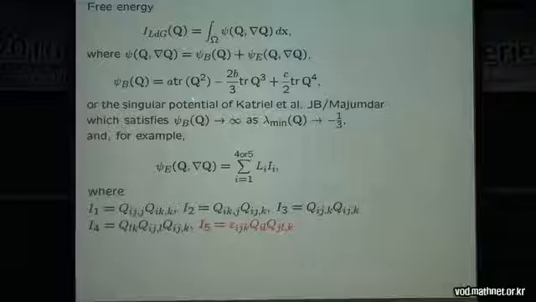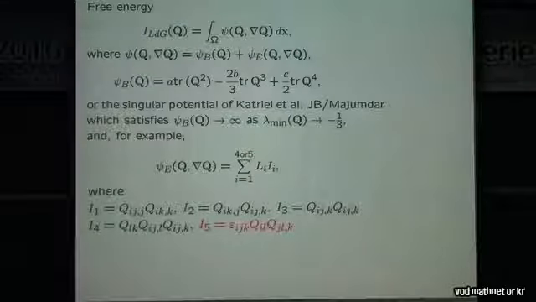The energy is supposed to be given by integrating some free energy density depending on Q and its gradient. And it's conventional to split this into 2 pieces. First you put the gradient of Q equals 0. That gives you something that just depends on Q. And then you subtract it off again, and that gives you this, which really depends on the gradient of Q. This is called the bulk energy.